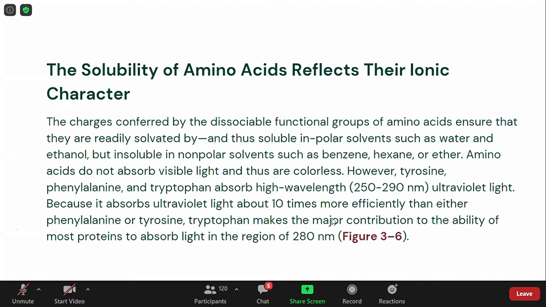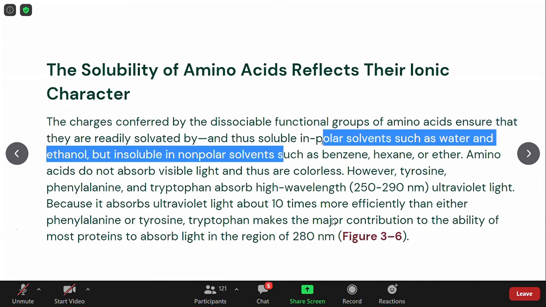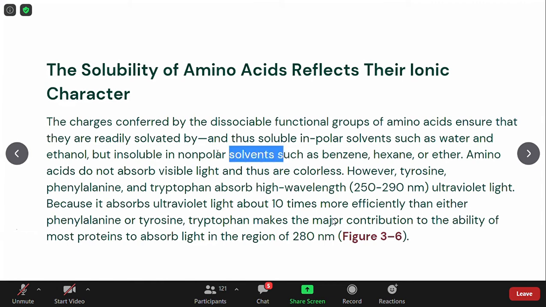So hydrophobic or non-polar. We have polar solvents such as water, and then the non-polar such as benzene, hexane, and ether. So these are the solvents for hydrophobic.